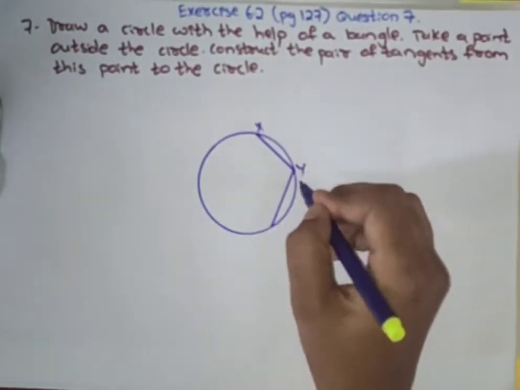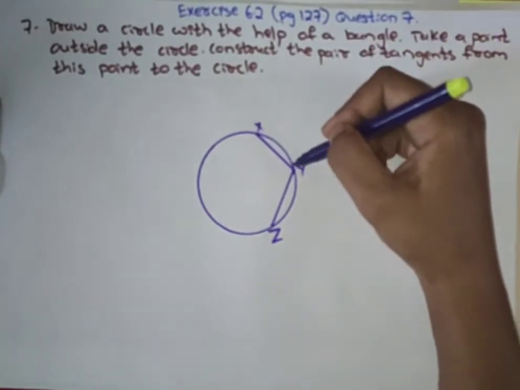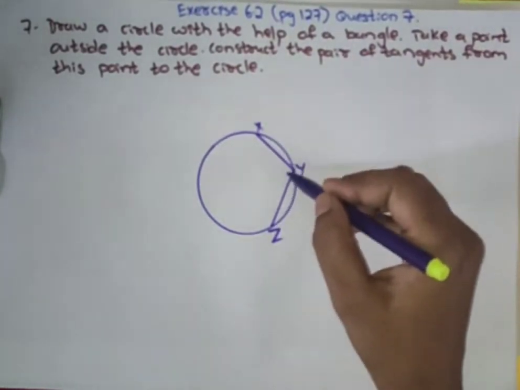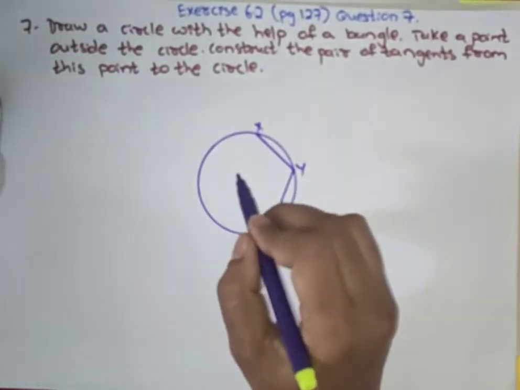Name these X, Y, Z. Now bisect XY and YZ so that we get an intersection point. That point is our center of the circle.